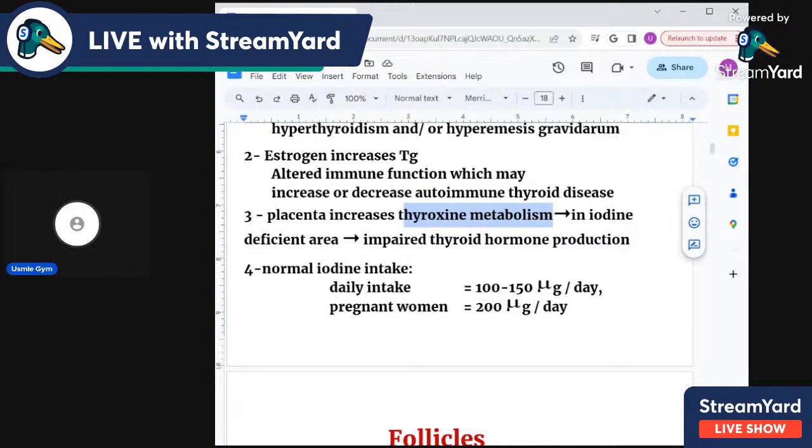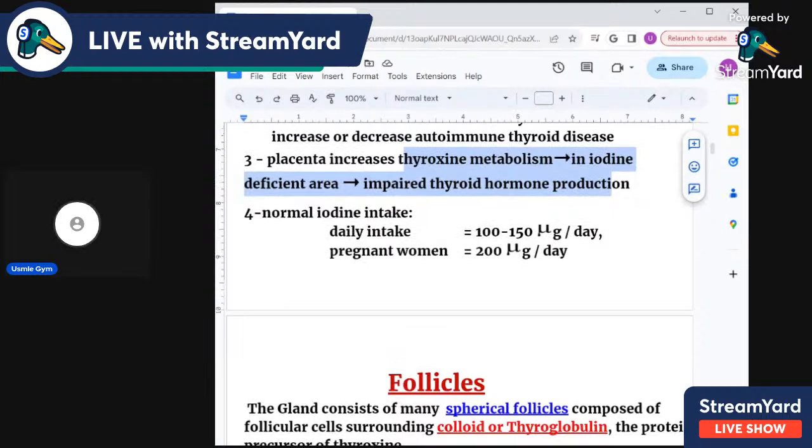So in iodine deficient areas, it may cause impaired thyroid hormone production. So what's the normal iodine intake? The normal iodine intake in an adult is about 100 to 150 microgram a day, but it's increased in pregnancy to 200 microgram a day.